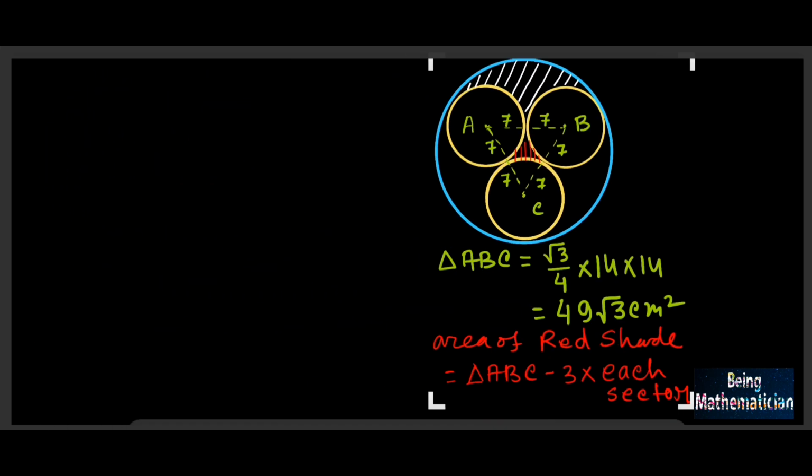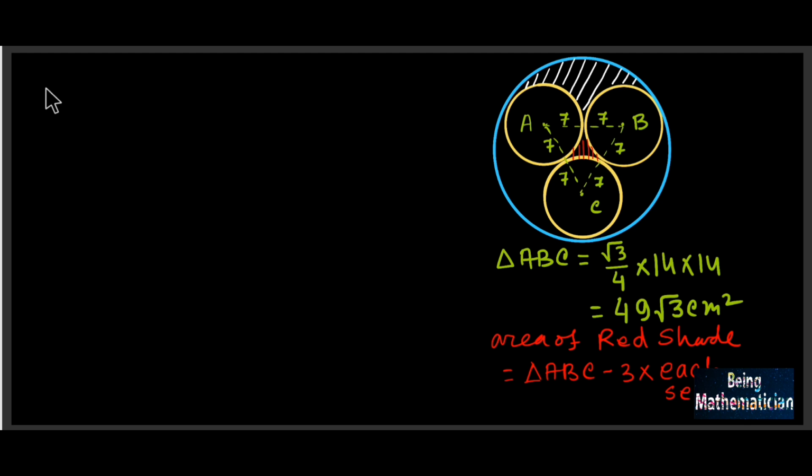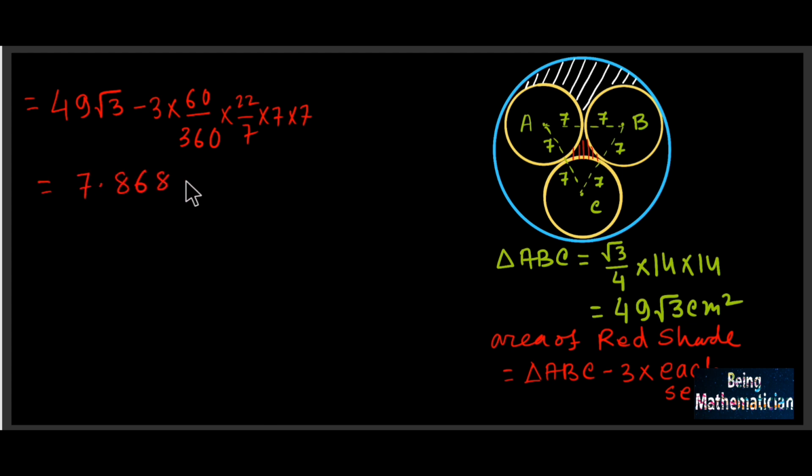So it is triangle ABC is 49 root 3 minus 3 into 60 by 360 into 22 by 7 into 7 into 7. So this simplifies as 7.868 centimeter square, where root 3 taken as 1.732.